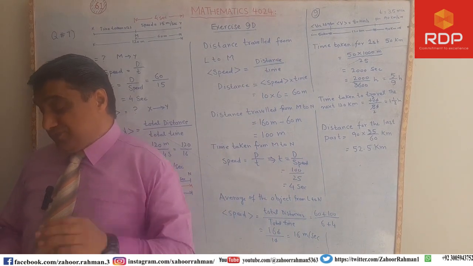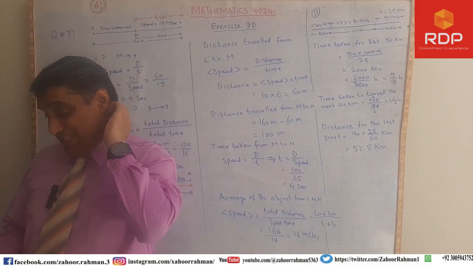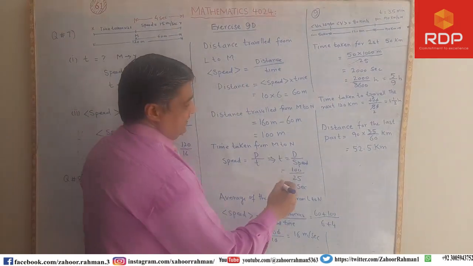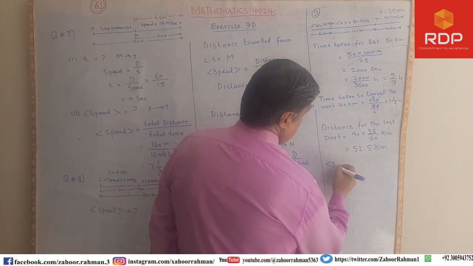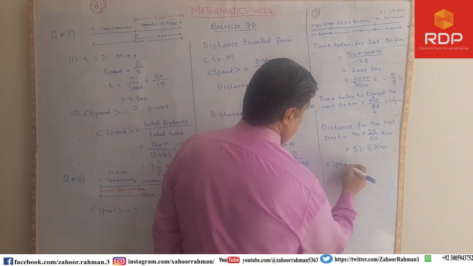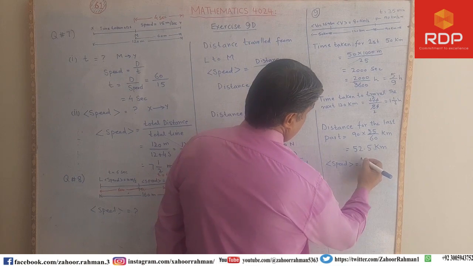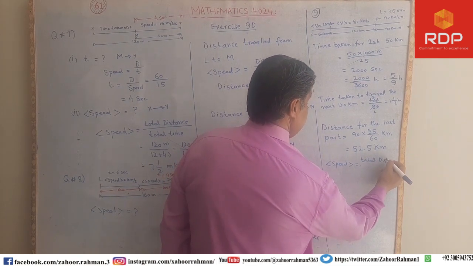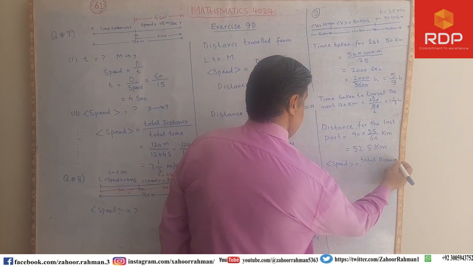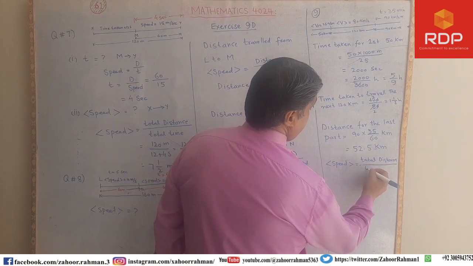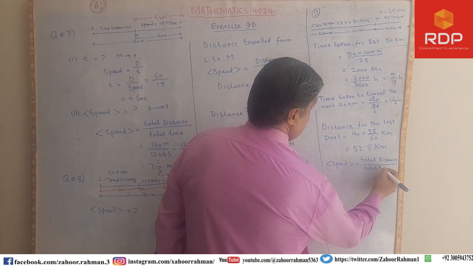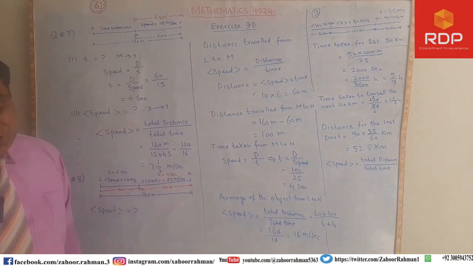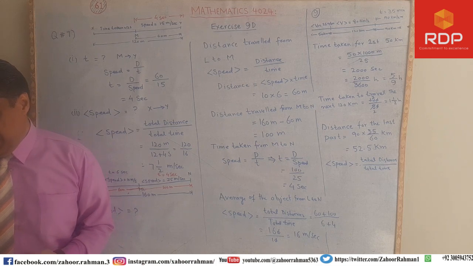Now everything is there. We have to find the average speed for the entire journey, which is equal to total distance divided by total time taken.